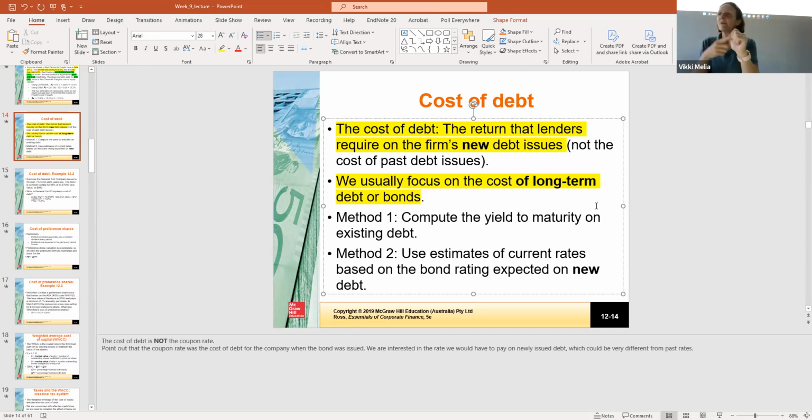Equity is very long-term. Shares don't have a maturity date. And we focus on the long-term debts. So long-term loans or bonds that are issued by the company for a long period of time are what we focus on when we're trying to estimate their cost of debt.